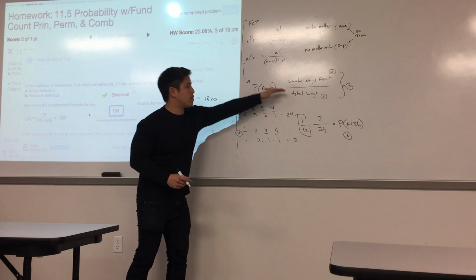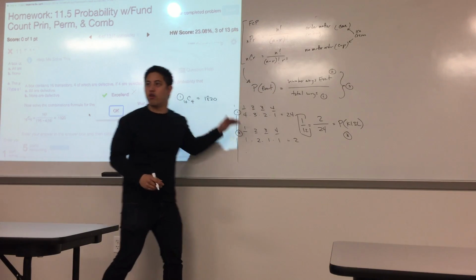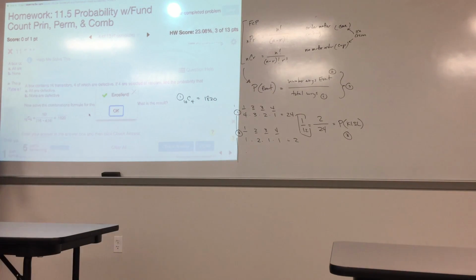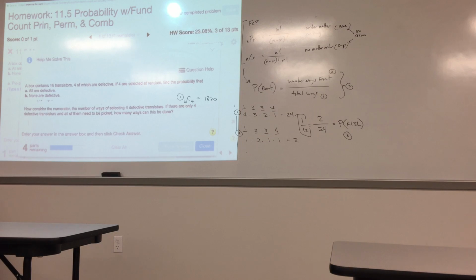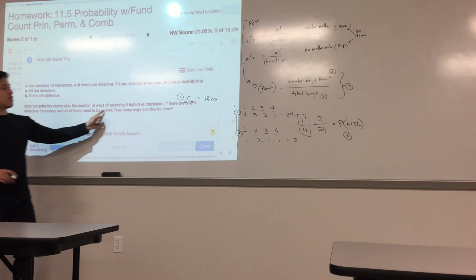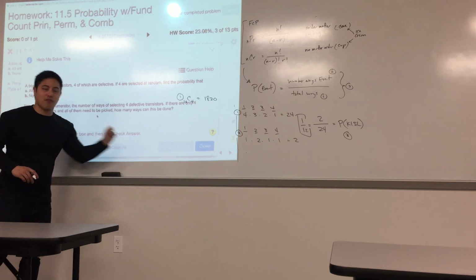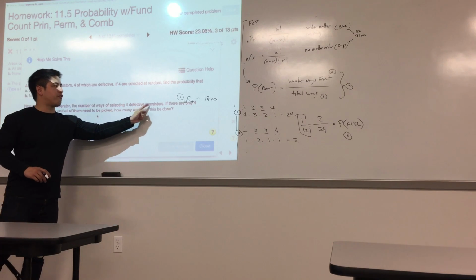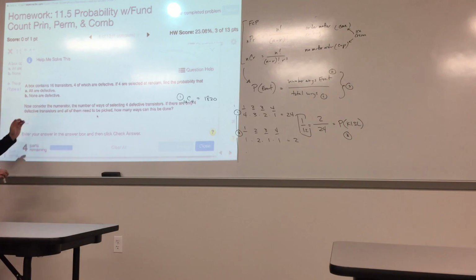Notice, same process as we've been doing over and over again. The next step is what? To find out the numerator: the number of ways of selecting specifically 4 defective transistors if there are only 4 defective transistors and all of them need to be picked.